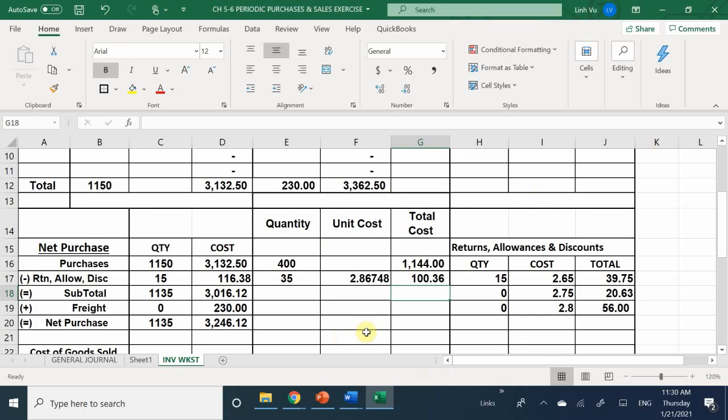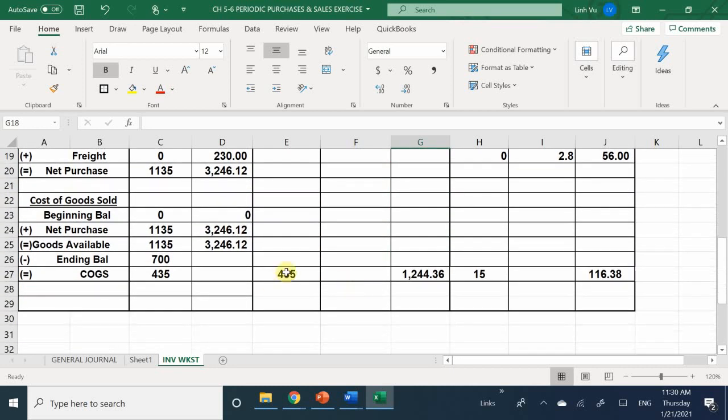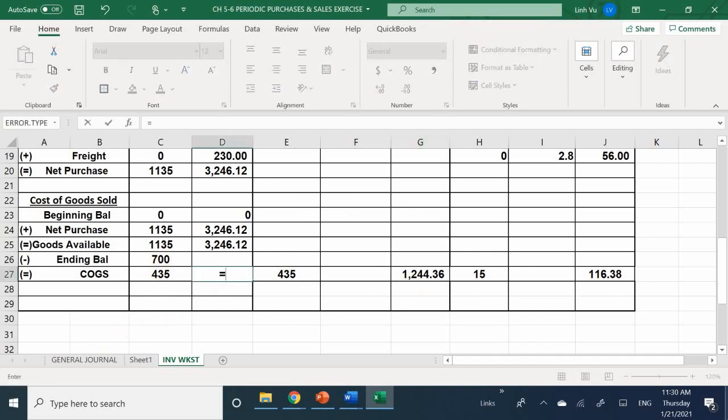So then I have a grand total of selling 435 items, and my grand total is going to be $1,244.36. I'm going to bring that over. So how much is my ending inventory going to cost me?